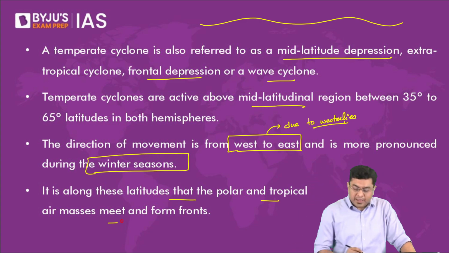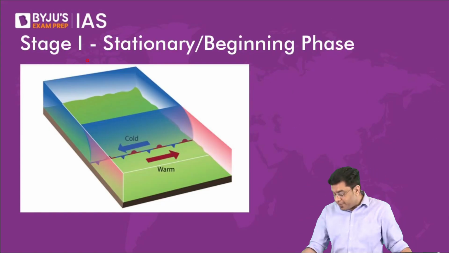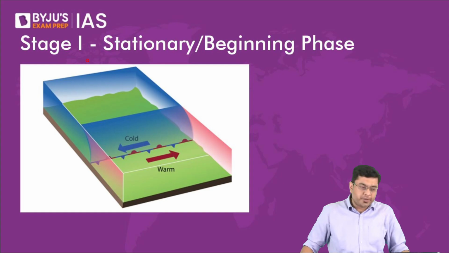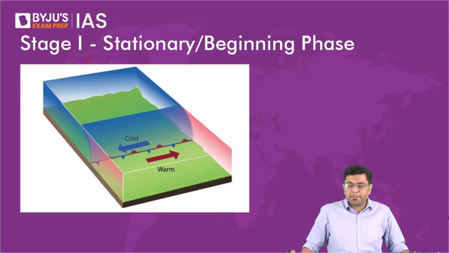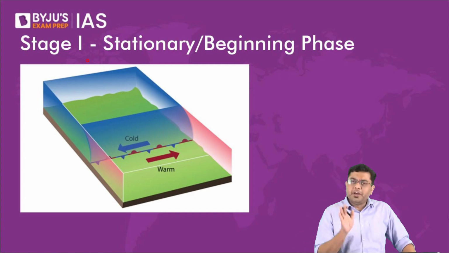Okay? Now, after this, let us understand the various different stages involved in the formation of a temperate cyclone or the existence of a temperate cyclone. So first of all, it all begins with a frontal formation.